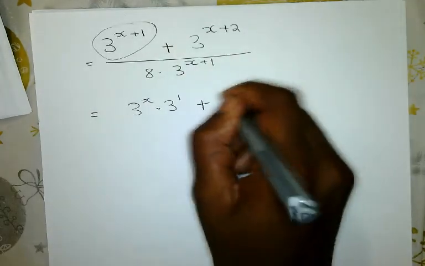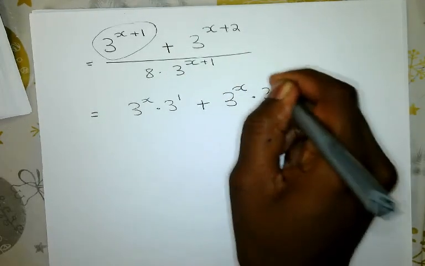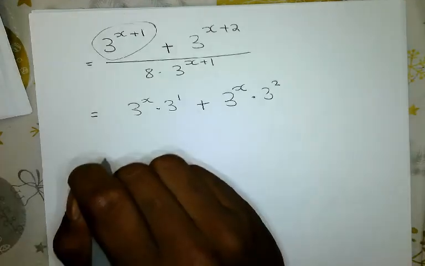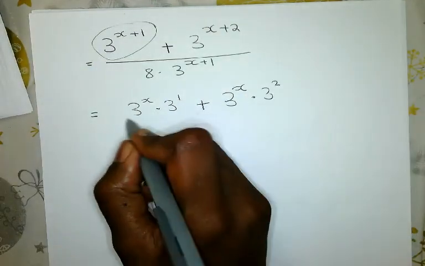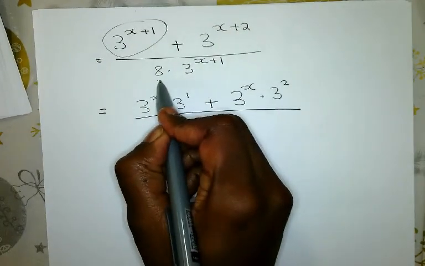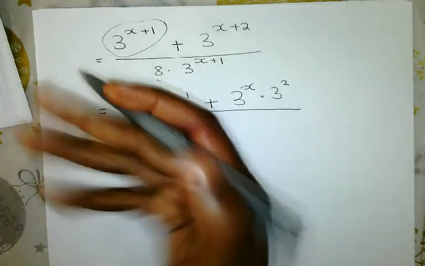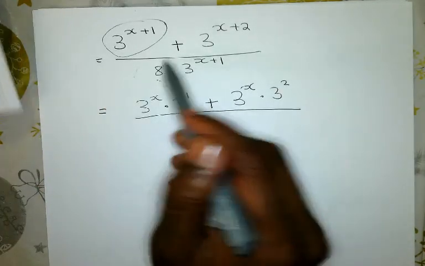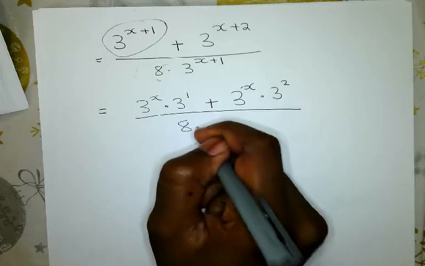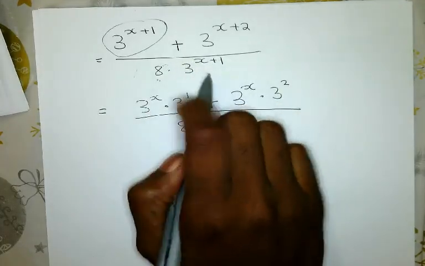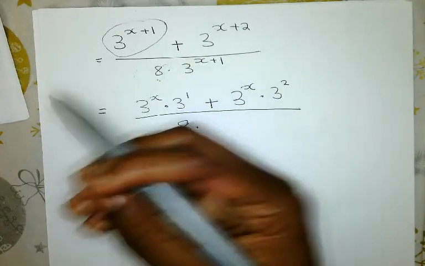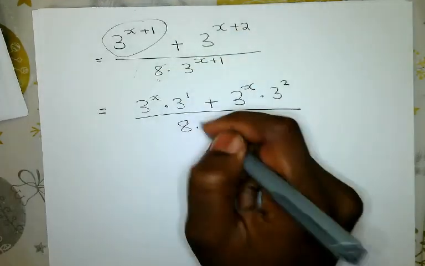Here, do I have to change this to a prime base? Not really, because there's no exponent on it. So let's leave it as it is. Focus on the ones that have got an exponent, especially an unknown, an x or a variable. This one, I'm going to break it down also. I'm going to expand everywhere.